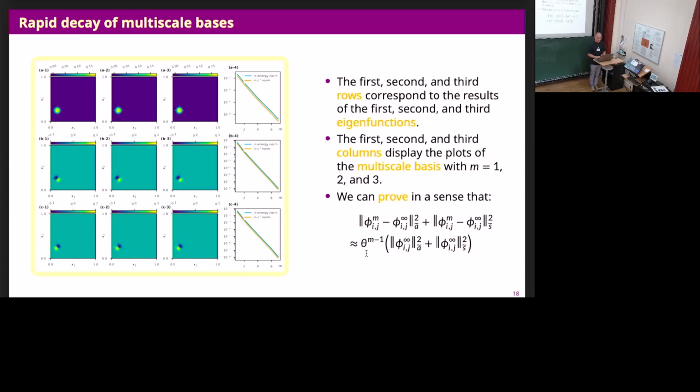There is a theta to the power m minus 1, where theta is a constant between 0 and 1, and m is the number of oversample layers. So once you choose m large enough, these two functions have a very small difference.